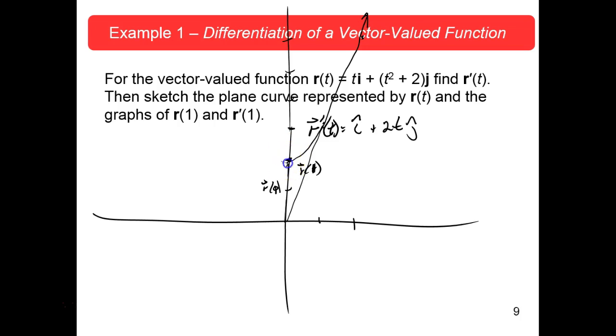It could have been a full parabola going in that direction, it just depends on where you let your t start. So there is your graph. Basically y is equal to x squared plus 2. If you let x equal t, then y would be x squared plus 2, t squared plus 2. So there's your parabola.